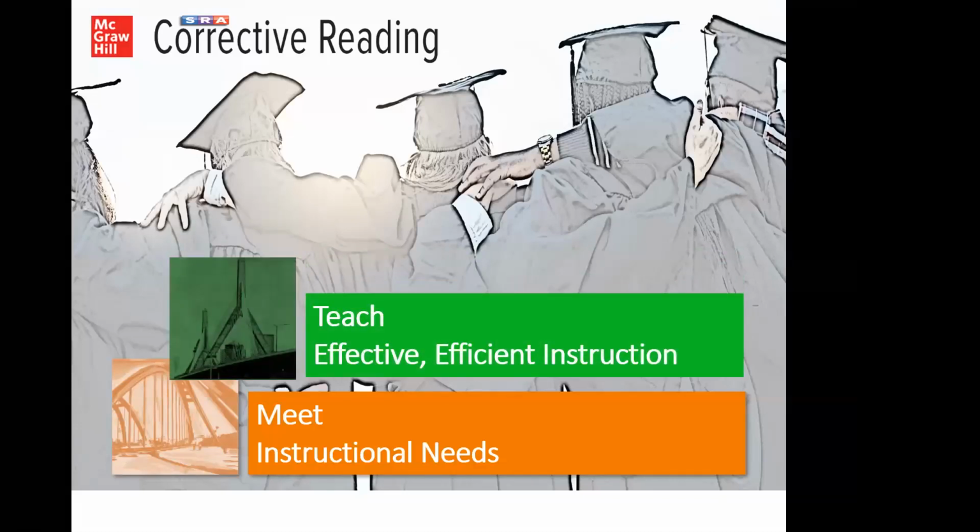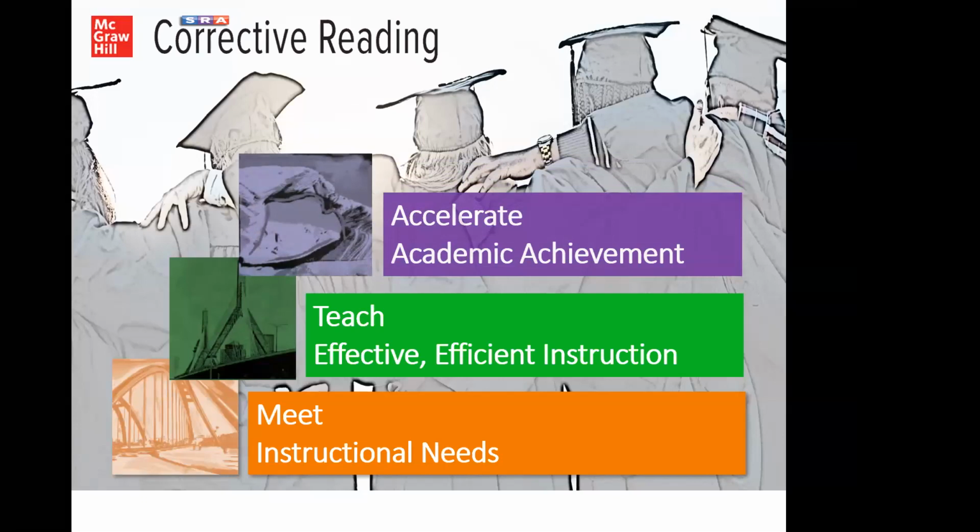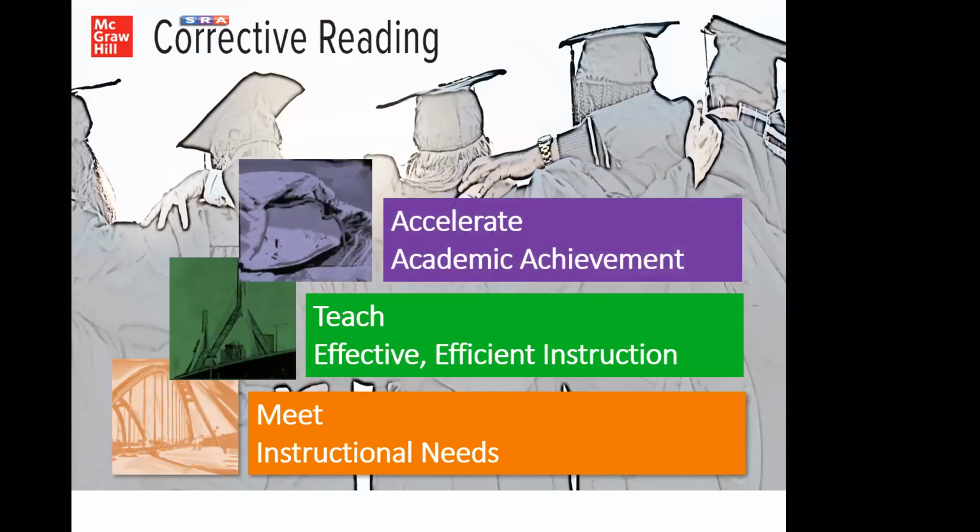Now, we're going to teach those skills and strategies in an effective and efficient way in order to highlight the most important skills and strategies students need while being able to accelerate academic achievement. Again, this program is designed for those students who are below grade level in reading, but are older students that we need to get back on grade level as quickly as possible.